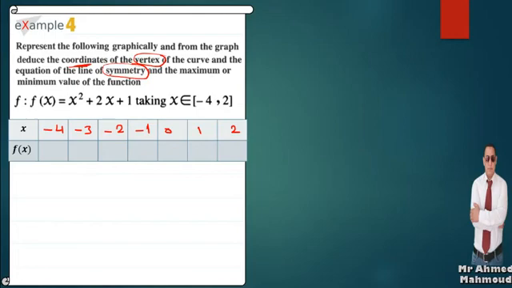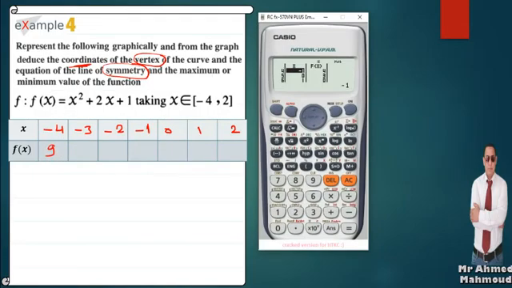At x equal -4, y equals 9: -4 power 2 plus 2 times -4 plus 1, or by using the calculator as I explained before. I will explain it again like this.